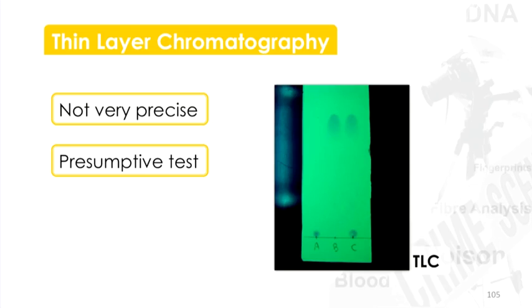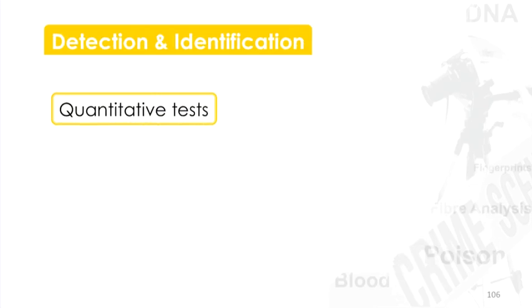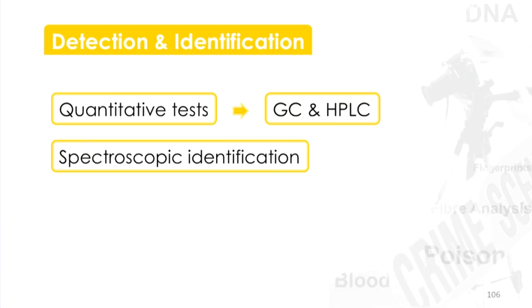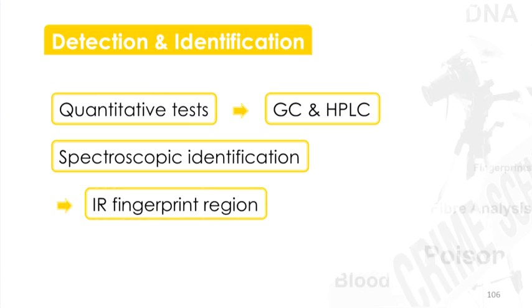What we need to do is to use more sophisticated instrumentation, the more sophisticated chromatographic methods that we talked about earlier, for instance, gas chromatography and HPLC. For identification of the compounds after the chromatographic separation, we would use the infrared, and particularly looking at the fingerprint region of the infrared spectrum.